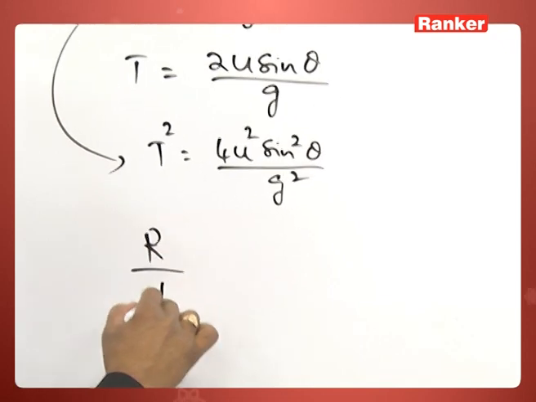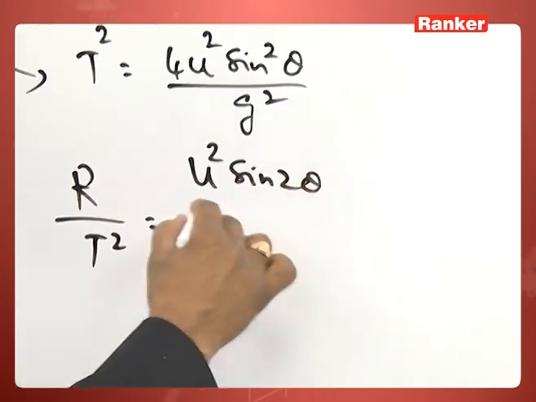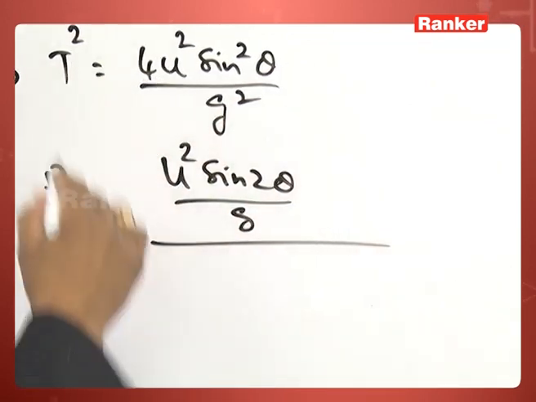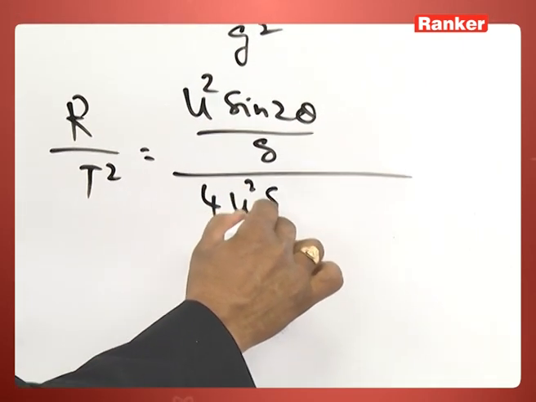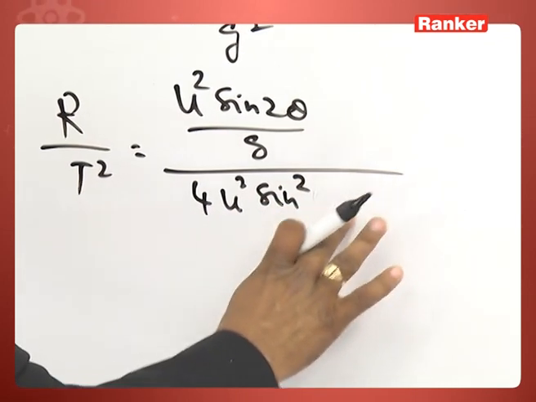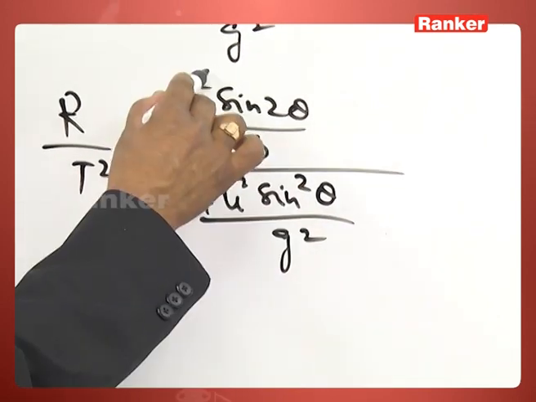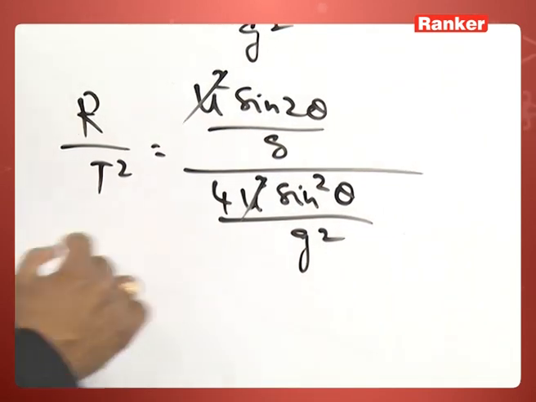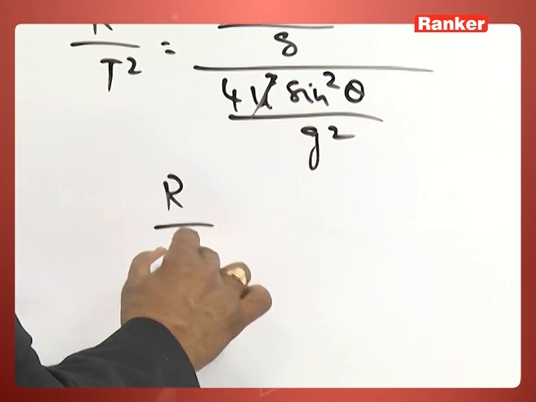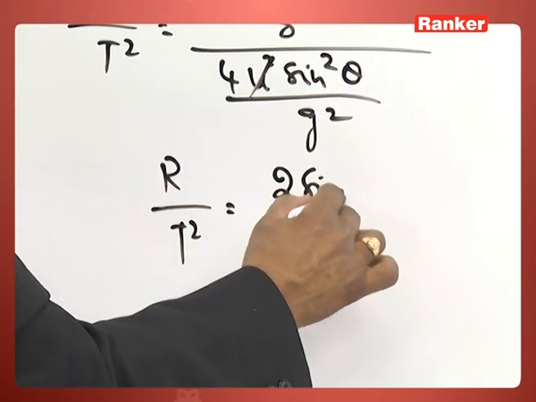R by t square is equal to u square sin 2 theta by g, divided by 4u square sin square theta by g square. If you simplify, u square gets cancelled. Then what is R by t square? Let us rewrite sin 2 theta as 2 sin theta cos theta.